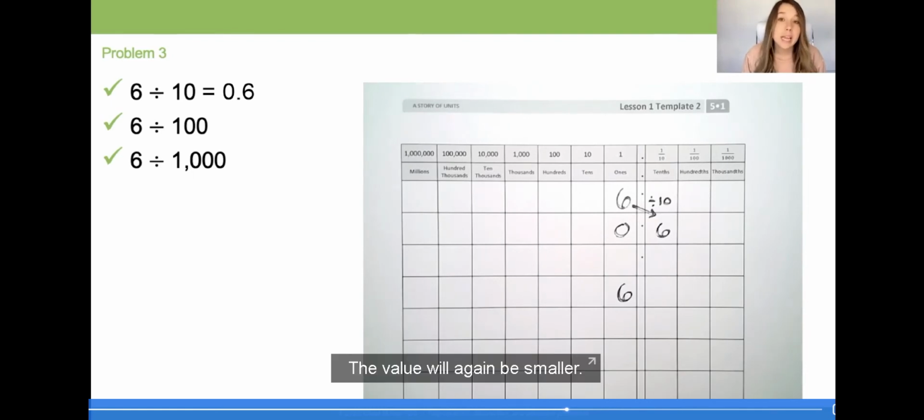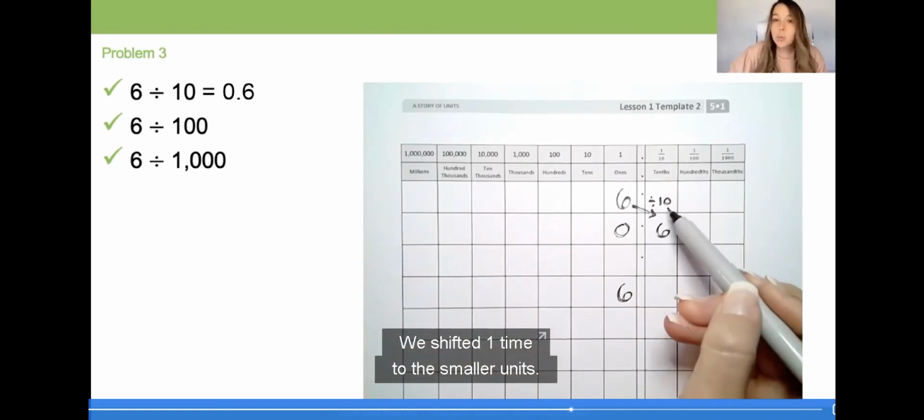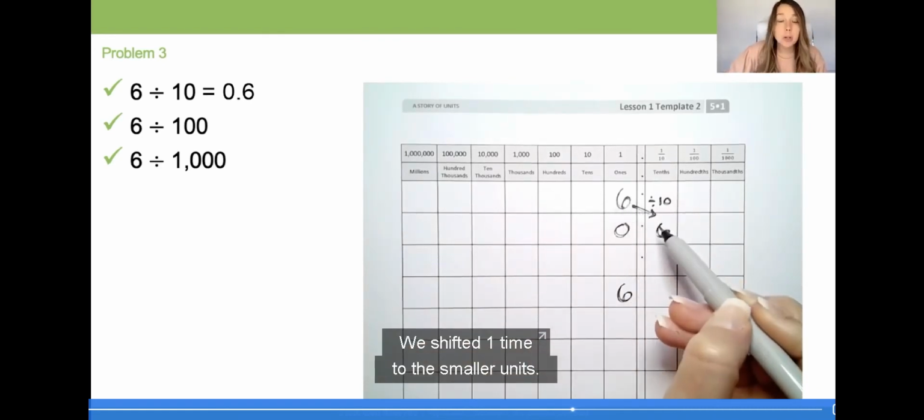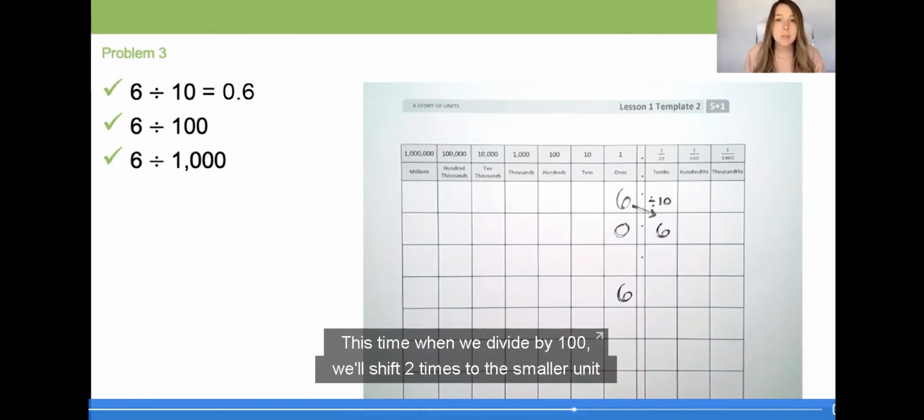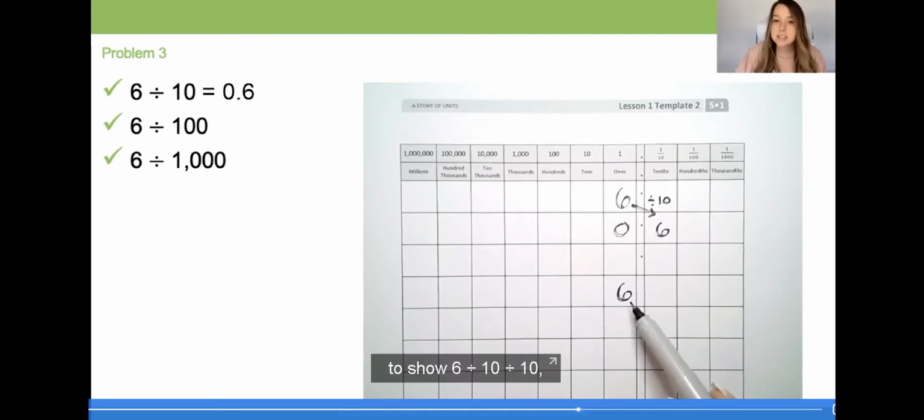The value will again be smaller. In our first example, 6 divided by 10, we shifted 1 time to the smaller units. This time, when we divide by 100, we'll shift 2 times to the smaller unit to show 6 divided by 10 divided by 10.